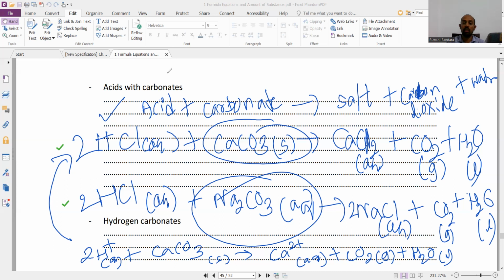Therefore, the ionic equation for the second one is a bit changed.